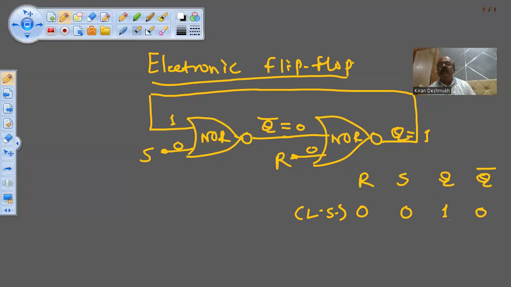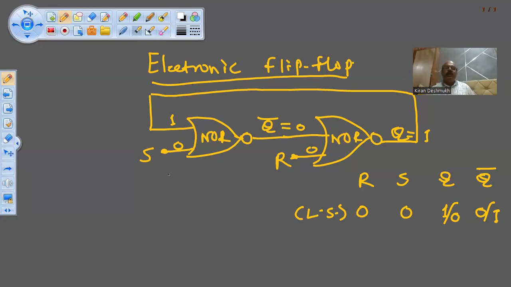This may not be true. Either way I can also write it as 0 and this will be 1. So this is the last state. Either it will be 1 or it will be 0. Q bar is the complement of Q. If Q is 1, Q bar will be 0. If Q is 0, Q bar will be 1.